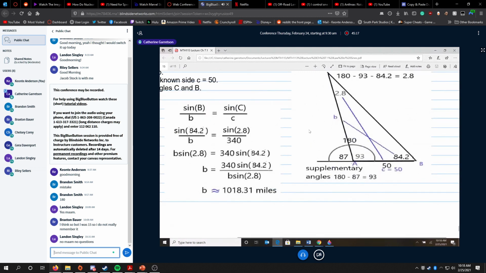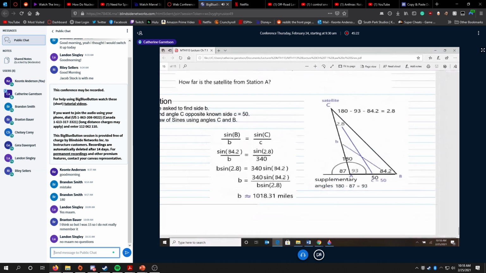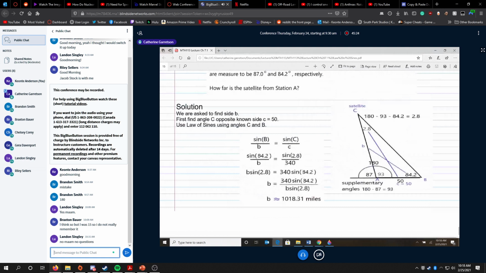And so this doesn't look right. Let me see what's wrong. What's going on here? Why is it 340? Something's not right here. Okay, so we've got 84.2 over B is equal to 2.8 over 340.